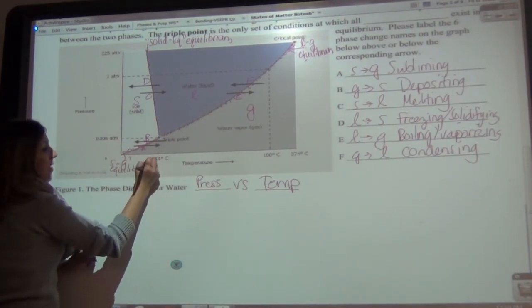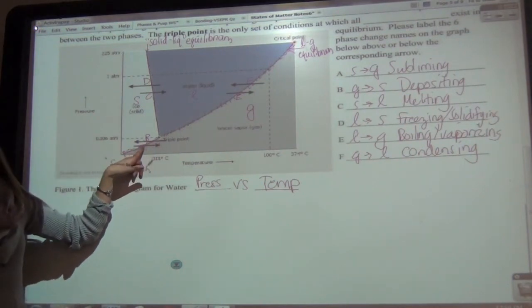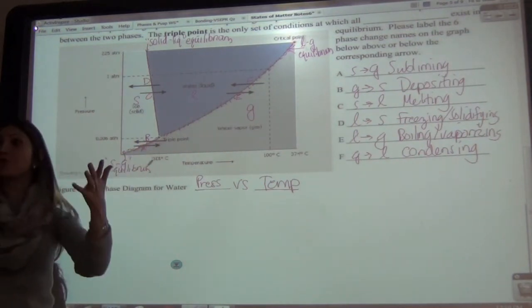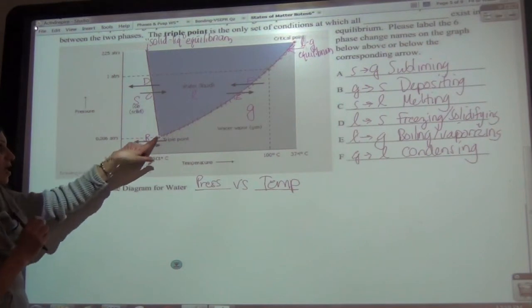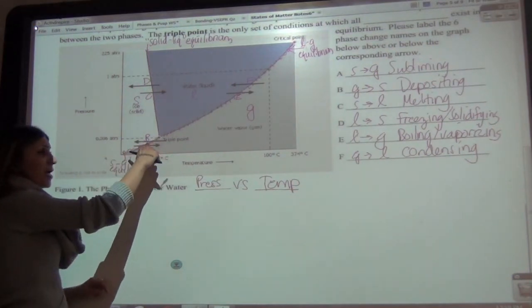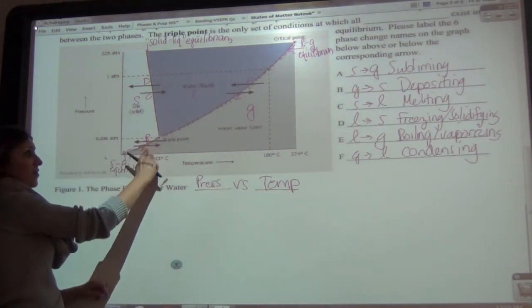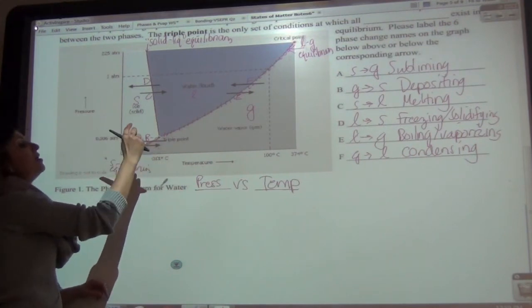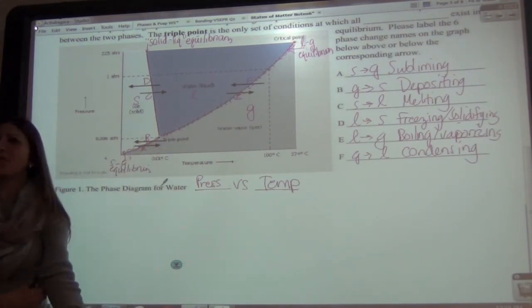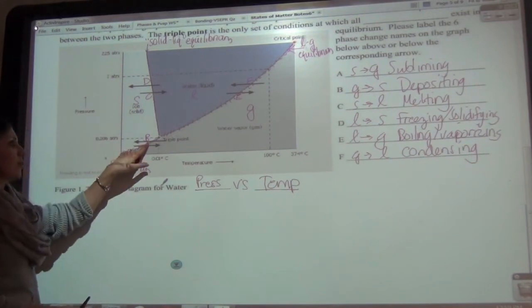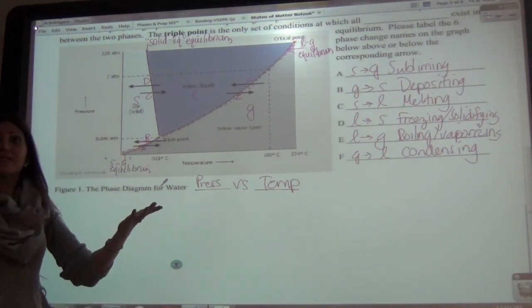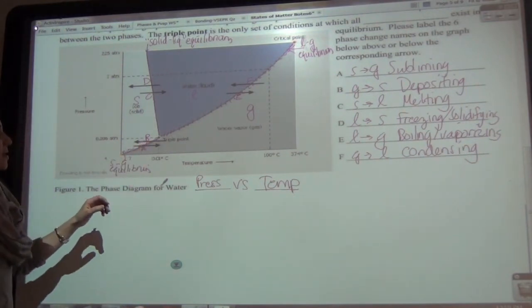On there, you could get either subliming or depositing, depending on your surrounding environment. Right along this line, at this pressure and this temperature, it would be subliming, and depositing at the same time, if you could stay at that temperature.